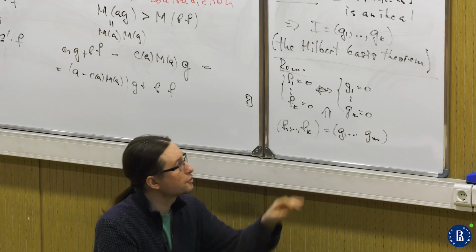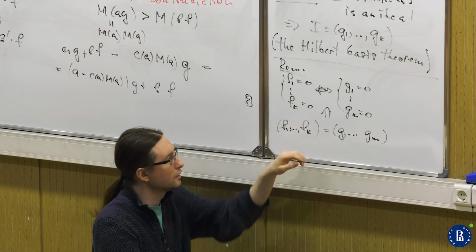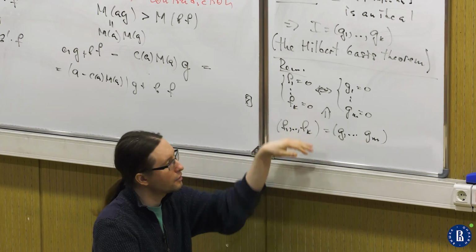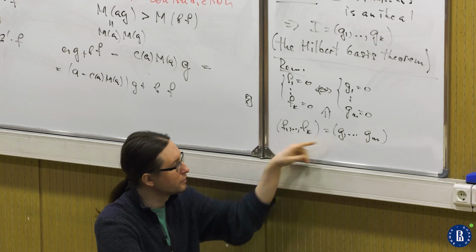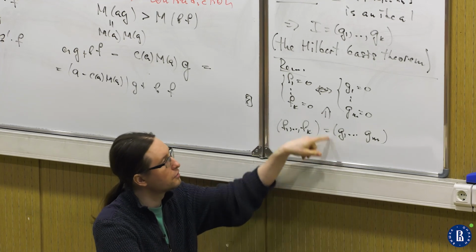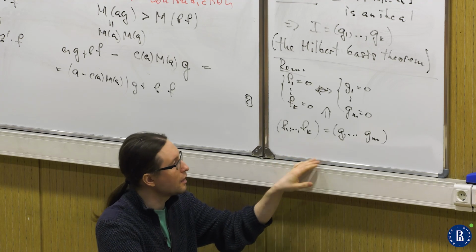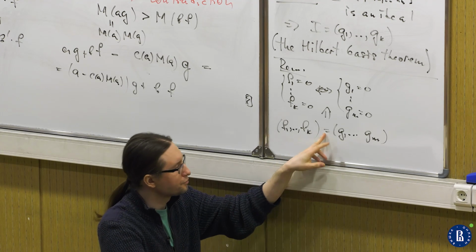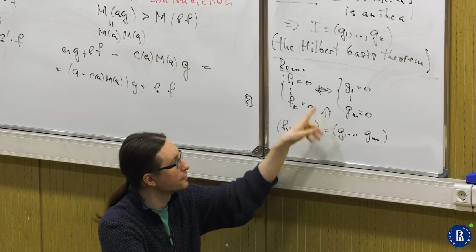Actually, the claim is not true in the opposite direction, but we know how to reformulate the condition here in order to get the criterion. But for now, it's enough to have this implication.